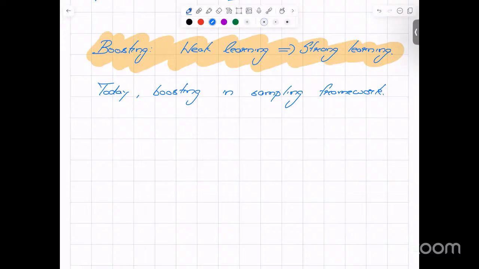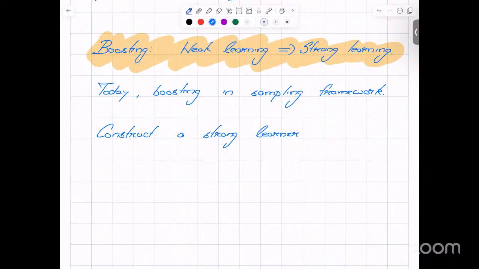The way we will do it is we'll first pick n samples. So we have to construct a strong learner. This is what we want to do.